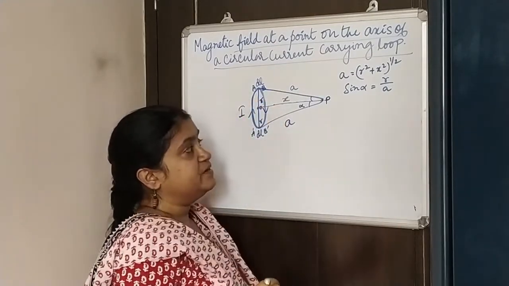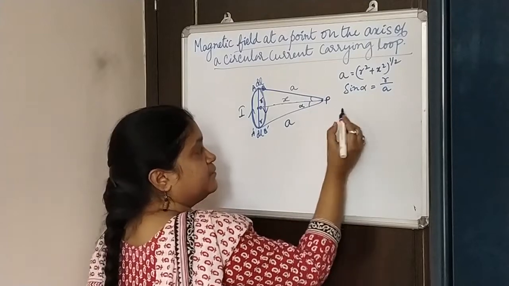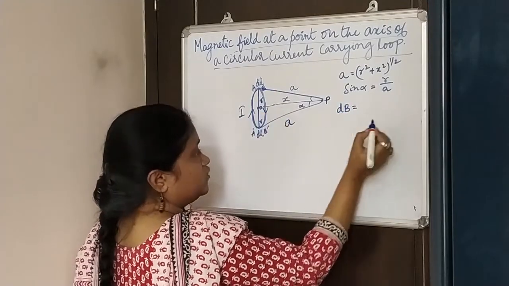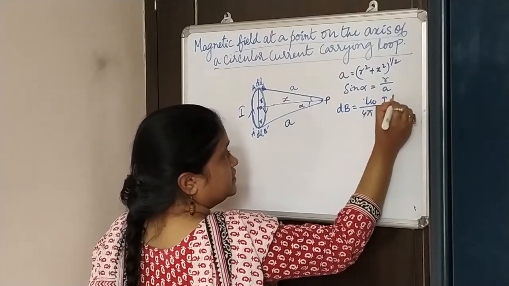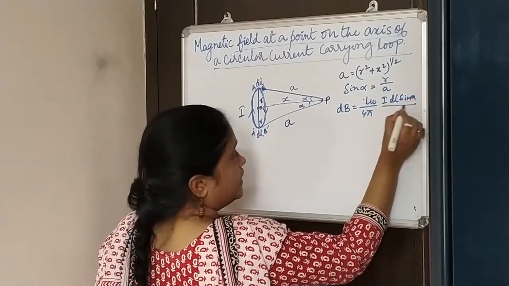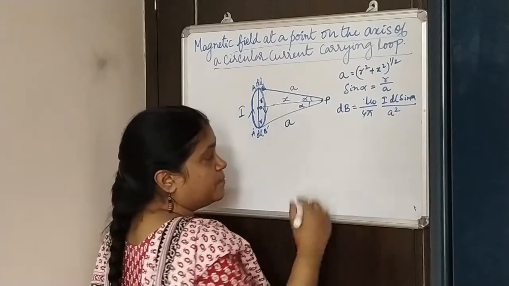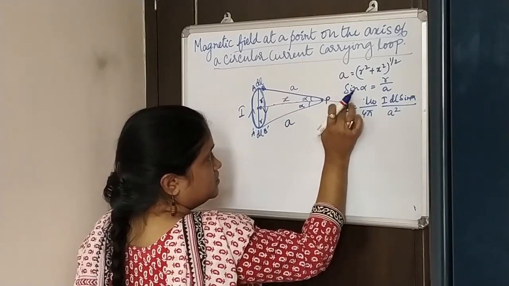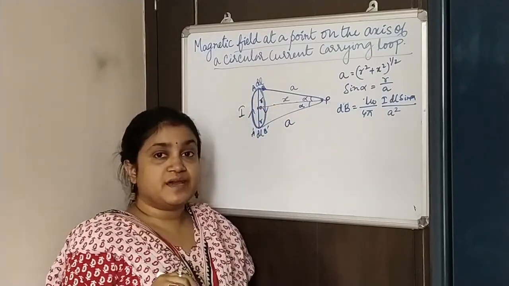Suppose we take this AB element, and due to the AB element there would be a magnetic field at P. Let's calculate that magnetic field, which will be dB equal to mu naught by 4 pi I dl sine alpha by A square, since theta is alpha and this distance is A. This is according to Biot-Savart's law.